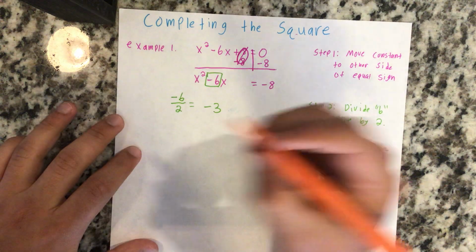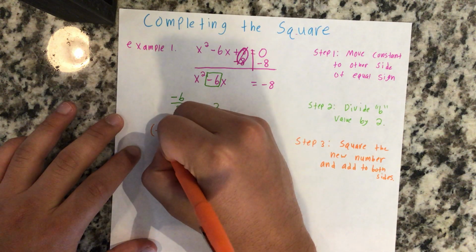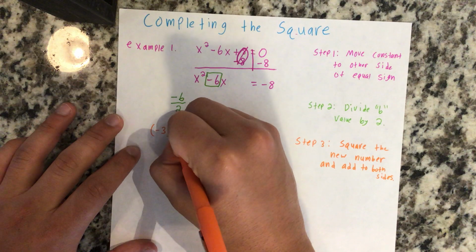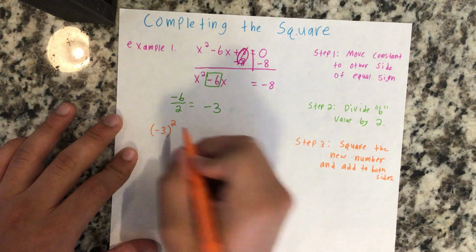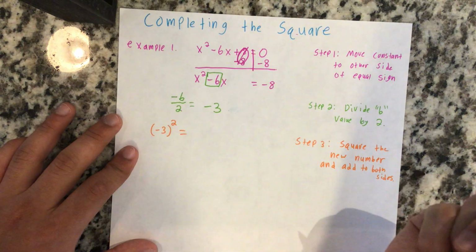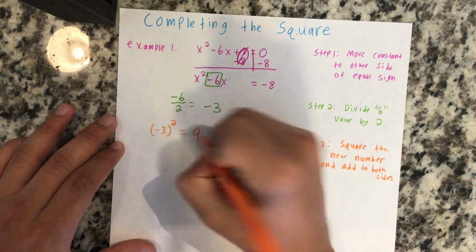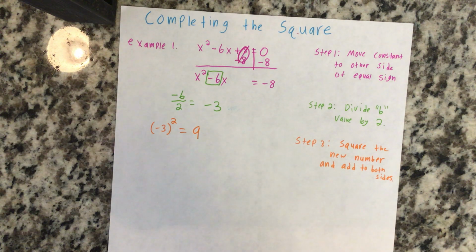So I'm going to take negative 3, put it in parentheses because it's negative, and square it. Negative 3 squared is negative 3 times negative 3, that gives me a positive 9.